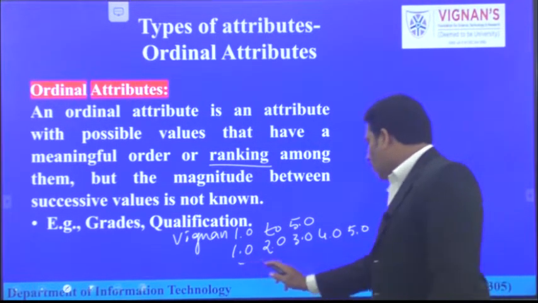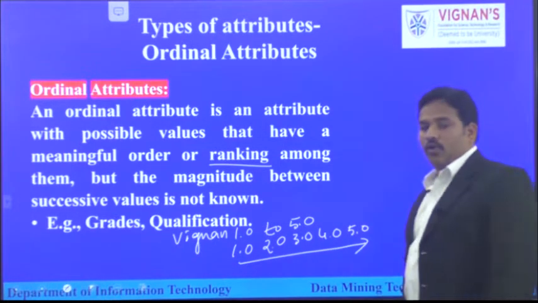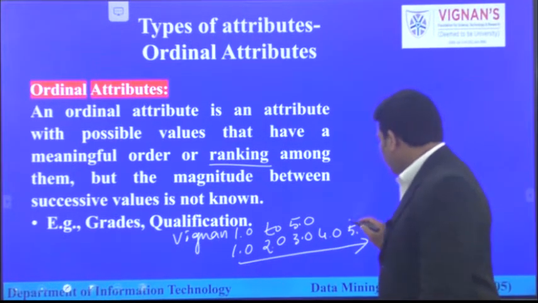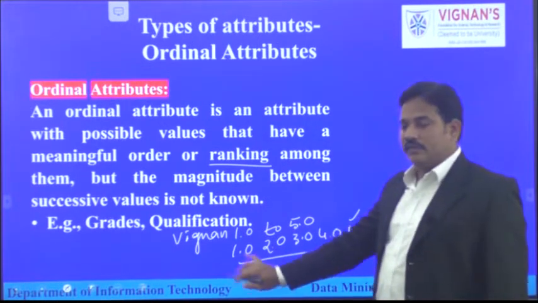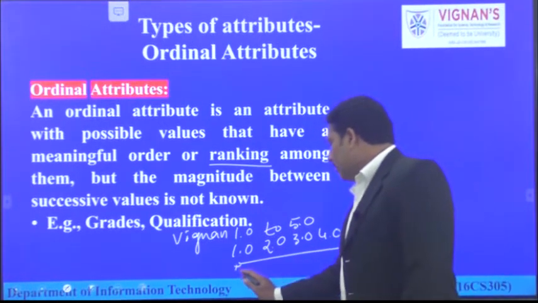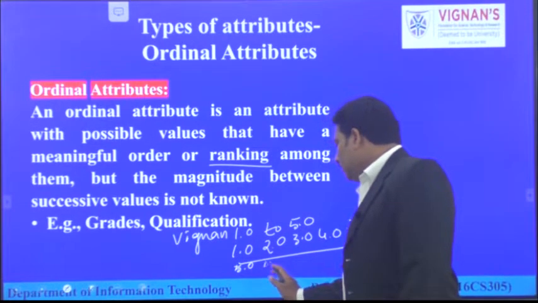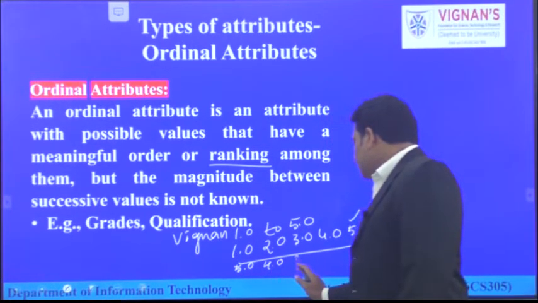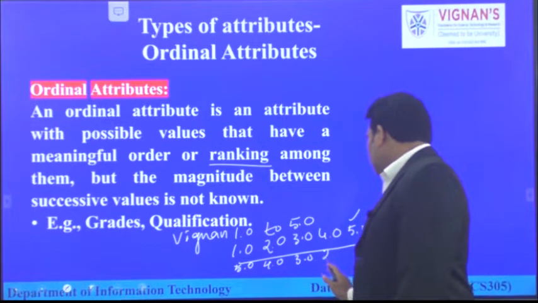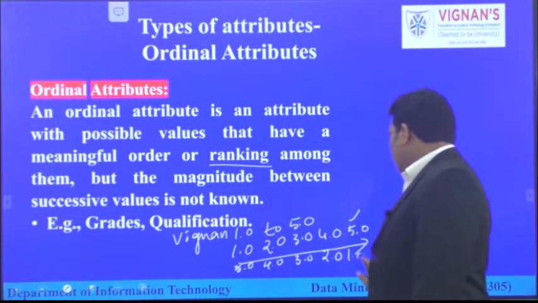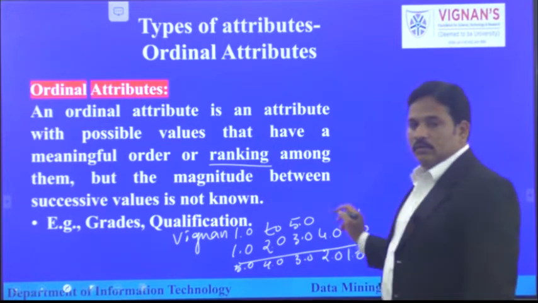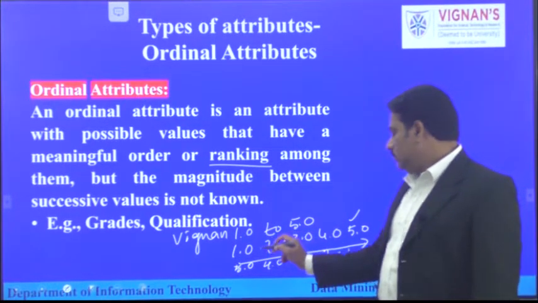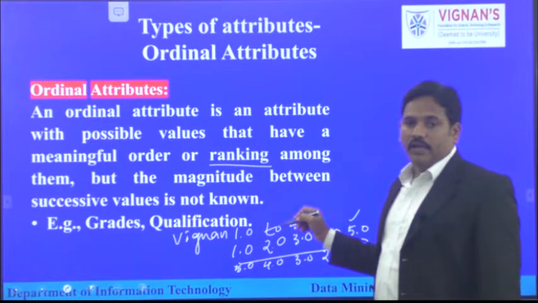That means there is an order following from lower to highest value. Let us say we want to pick 5.0. Now this can also be represented in reverse order, like we give 5.0 as the initial value, later we decrease it. Both can be used, but in both cases a meaningful order should be followed while giving.